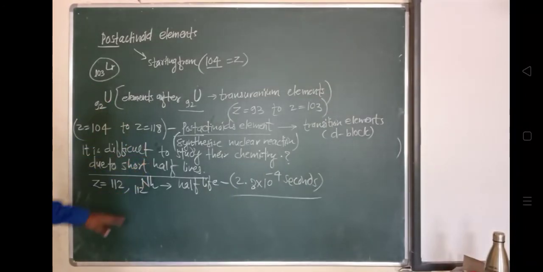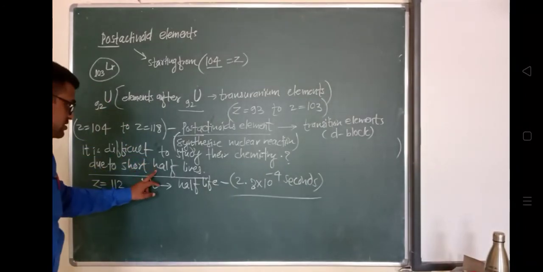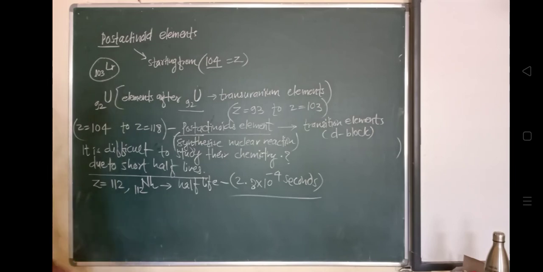Then, rutherfordium forms a chloride. Rutherfordium is RF, atomic number 104. It reacts with chlorine to form a chloride, RfCl4, similar to zirconium and hafnium.